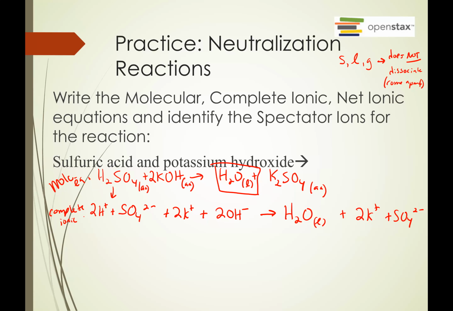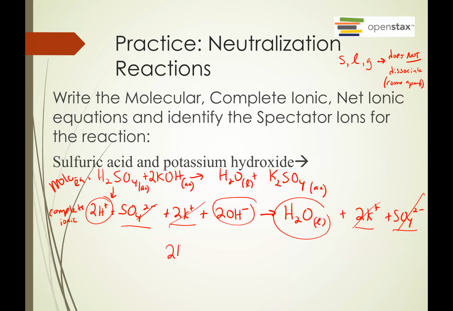And so then our net ionic is we cross everything off that's exactly the same. Well, if we look, here's 2 Ks, 2 Ks, SO4, SO4. So all we're left with is 2 H pluses plus 2 OH minuses goes to H2O liquid.